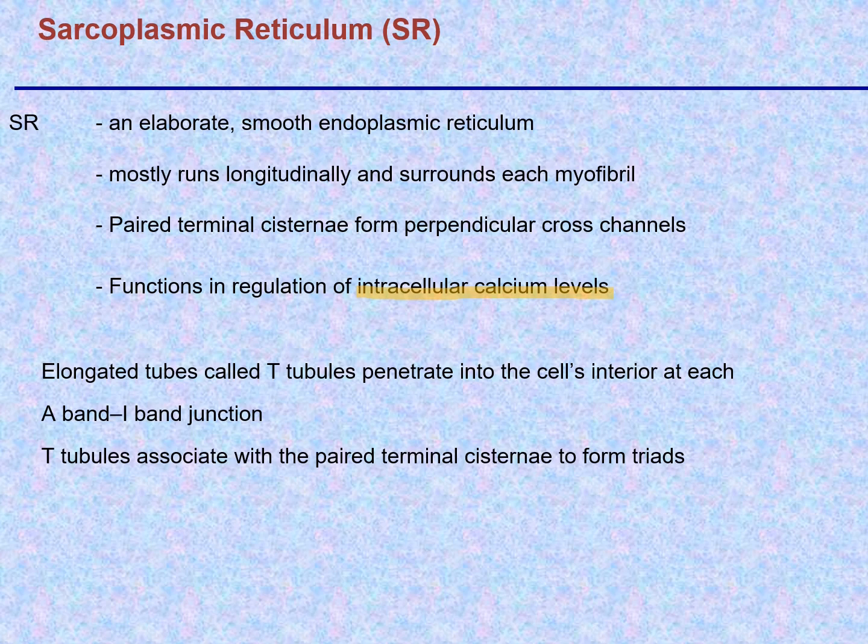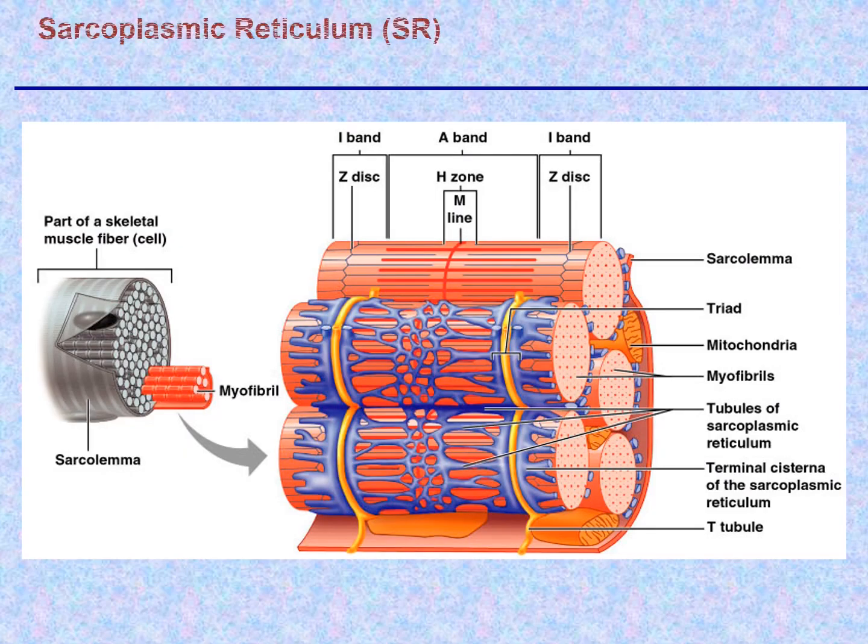You also have these structures called T-tubules, which penetrate down into the interior of each skeletal muscle fiber, right where the A and I band junction occurs, and they're associated with the terminal cisternae. It's easier to understand when you look at this diagram. Here you see a section of a single skeletal muscle fiber with many myofibrils inside.